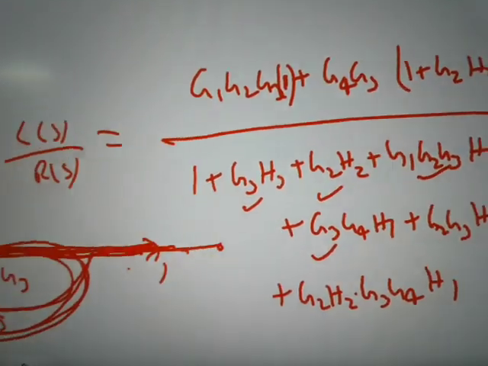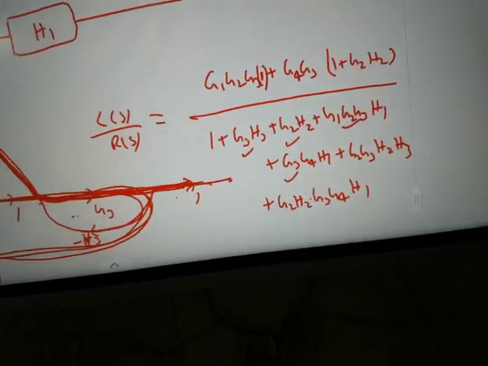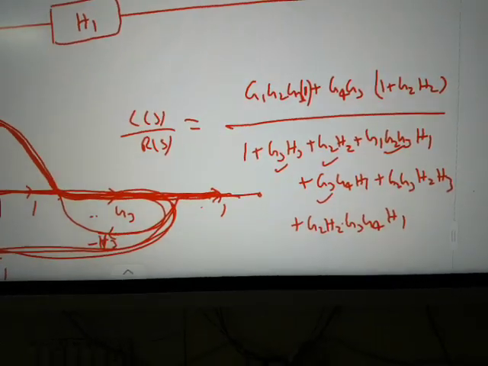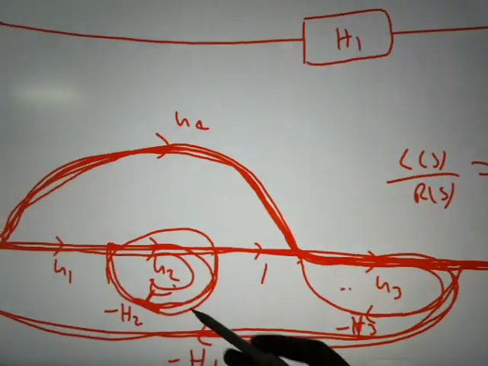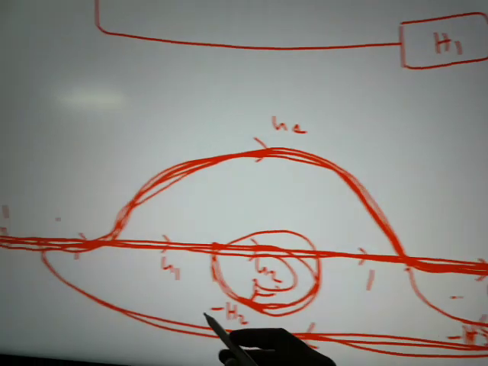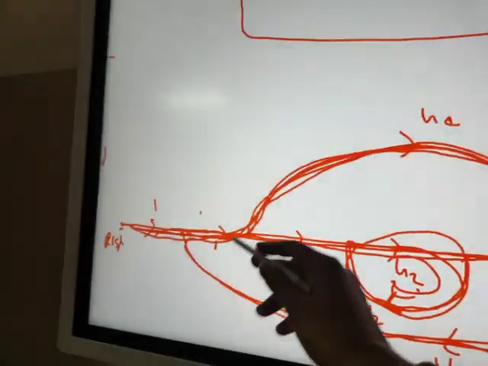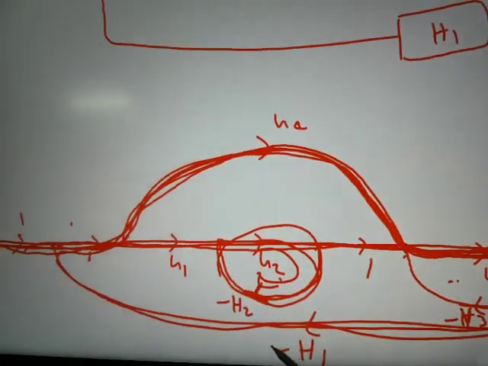Now delta, what is it? 1 minus the summation of single loop gains first, so 1 minus G2 H2 minus G3 H2 minus G1 G2 G3 H1 minus G3 G4 H1.